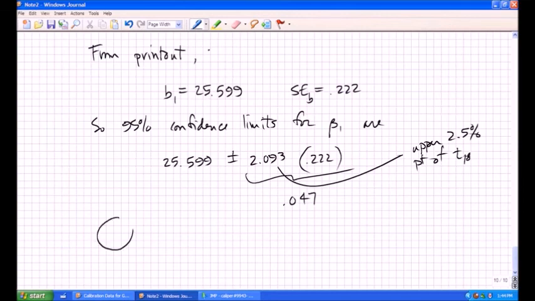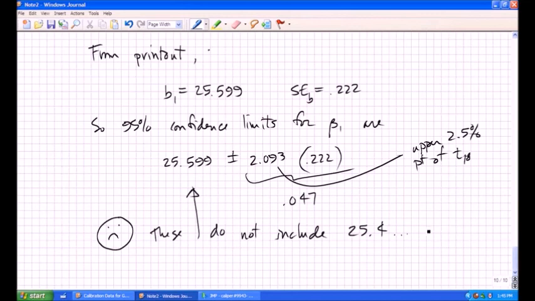And the point here is that if I take those limits of 25.599 plus or minus 0.047, these do not include 25.4, and what that suggests is that that slope on the relationship between X and Y is not exactly 25.4, and that suggests that the device does not have a constant bias.